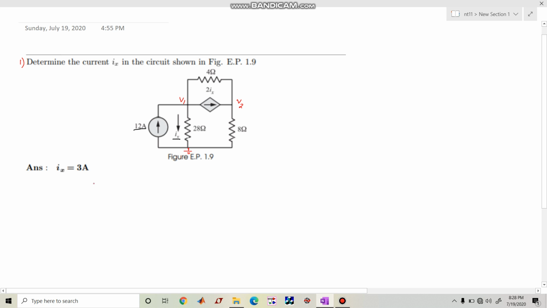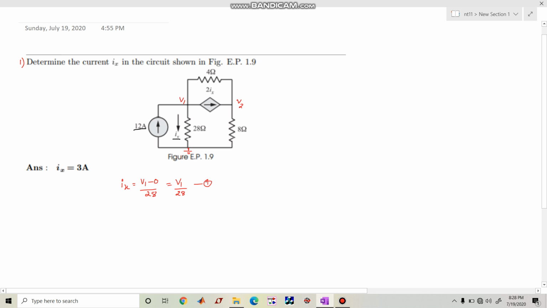Now what is this Ix from the diagram? Ix is the voltage by resistance. Voltage is V1 minus 0 divided by 28. So I can write Ix as V1 minus 0 by 28, or simply V1 by 28.